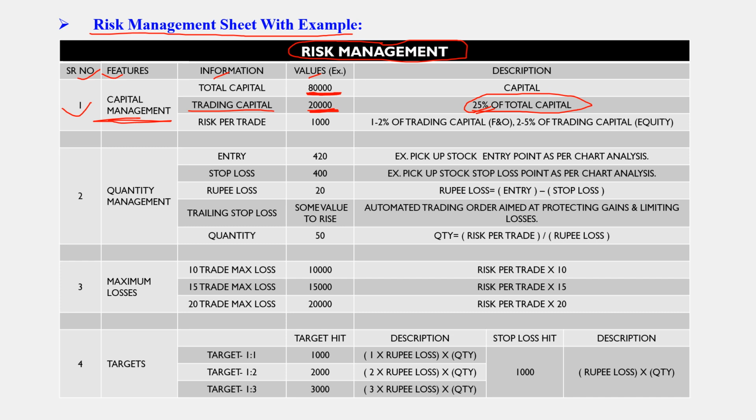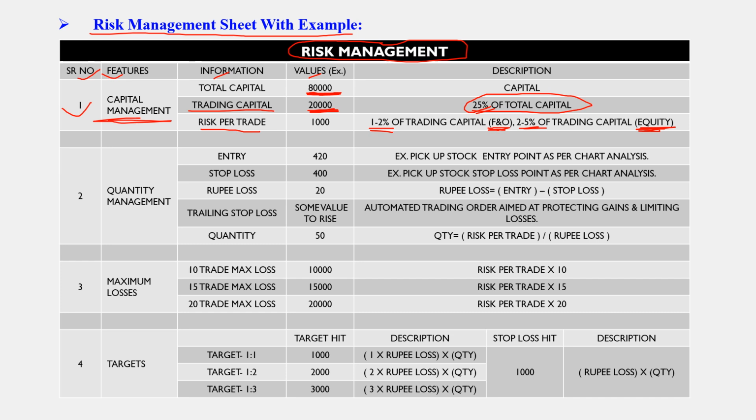And what should be our risk per trade? It means how much loss we can bear per trade. This is the risk per trade, and this should be 1 or 2% of the trading capital in the F&O market, futures and options. This should be 1 or 2% only, and 2 to 5% of this trading capital in equity trading.